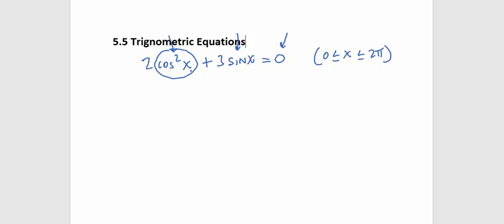Well, from one of our trig identities, we know that cosine squared is equal to 1 minus sine squared, because if our trig identity is this, remember, sine squared plus cosine squared is equal to 1, which tells me that cosine squared is 1 minus sine squared. So I'm going to make a substitution here, and I'm going to replace that cosine squared with 1 minus sine squared of x.